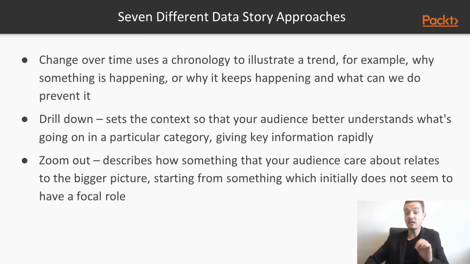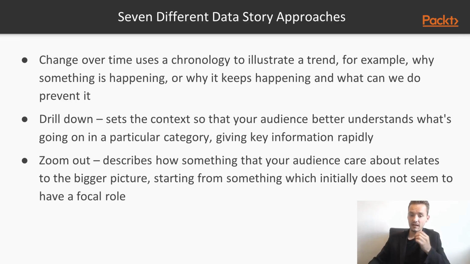The following sequence will describe 7 different data story approaches you can take. Change over time uses a chronological order to illustrate a trend. Discussing, for example, why is a fact happening? Or why does it keep happening? What can we do to prevent or make this happen?